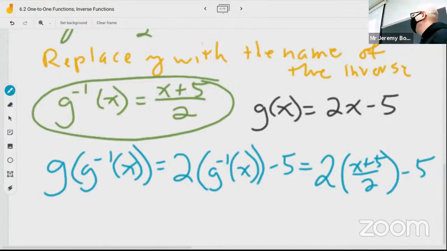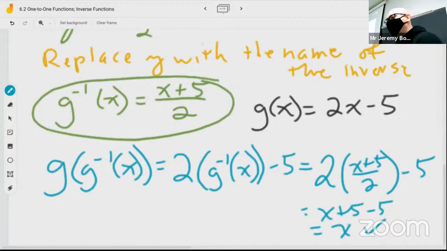And this one's not too hard to see, so you probably see it already. Those 2's will reduce, and you're just going to have x plus 5 minus 5, which is just going to give you x. So it checks out. Do you have to check them? No, not necessarily. But if you'd like to, you can.